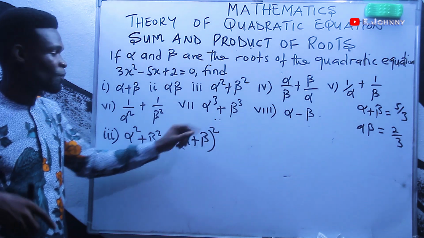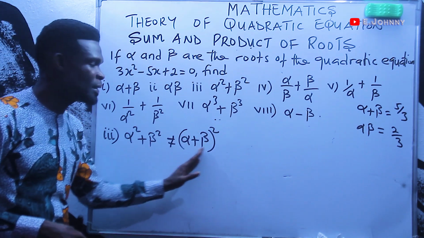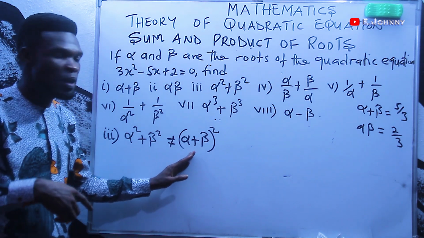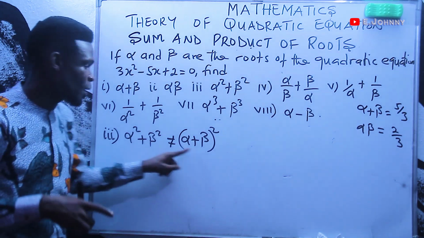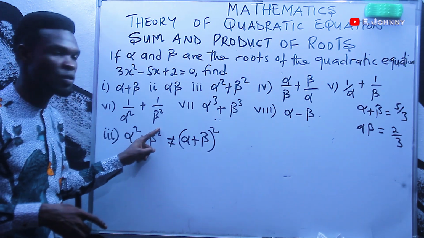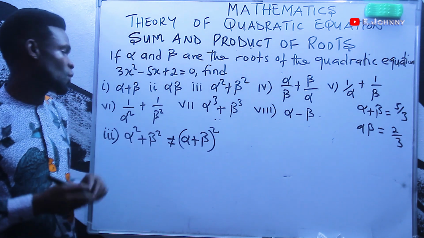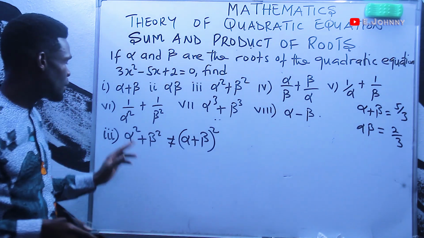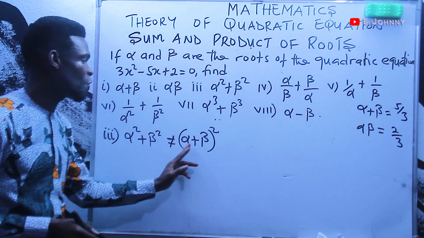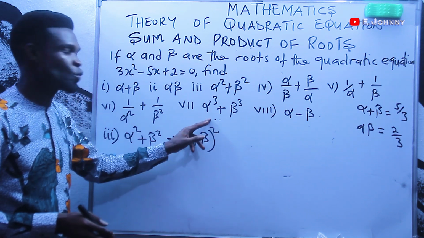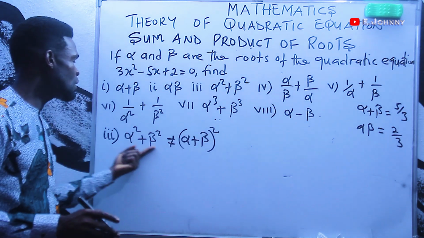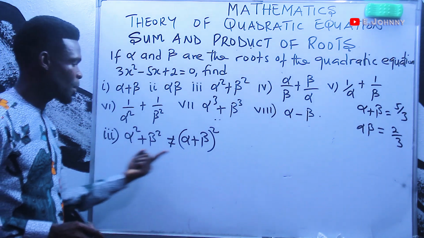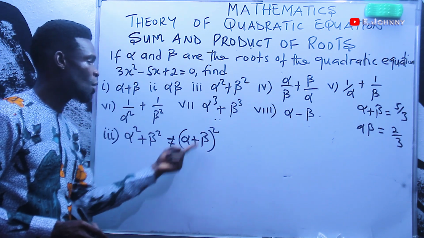It is because if you expand this bracket, definitely inside you will obtain alpha squared plus beta squared. For now, we represented alpha squared plus beta squared to be alpha plus beta all squared. So at this point, I don't need this again. I'm now going to make use of alpha plus beta all squared.